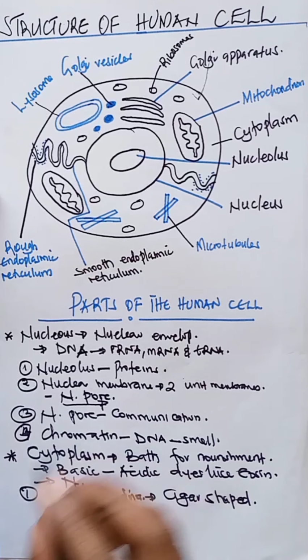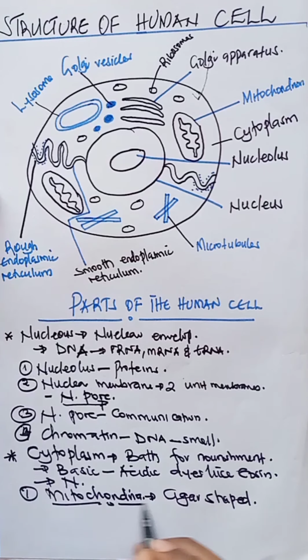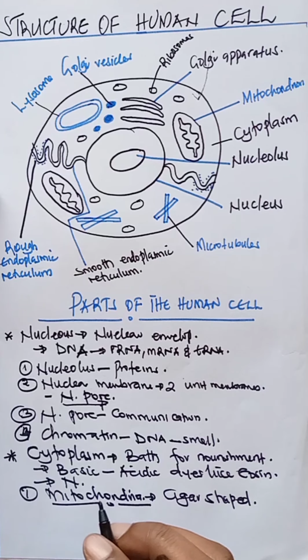The number of mitochondria varies from cell to cell, with the highest number found in cells that have the highest metabolic activity, for example, the hepatocytes. We must appreciate the major function of the mitochondria: they are the energy producing powerhouse of the cell.